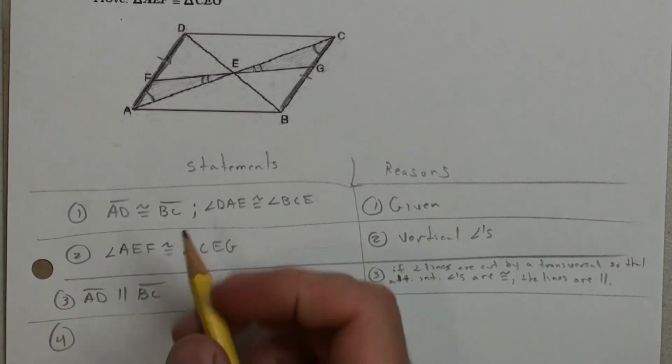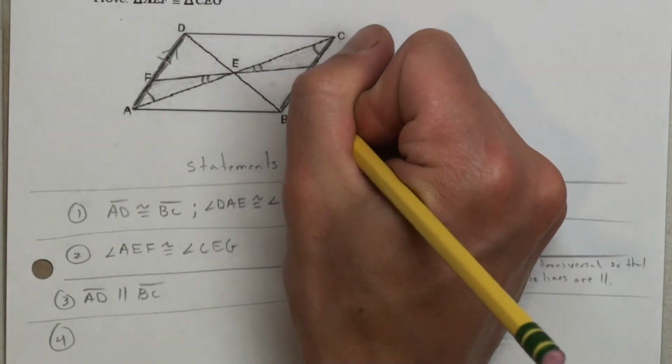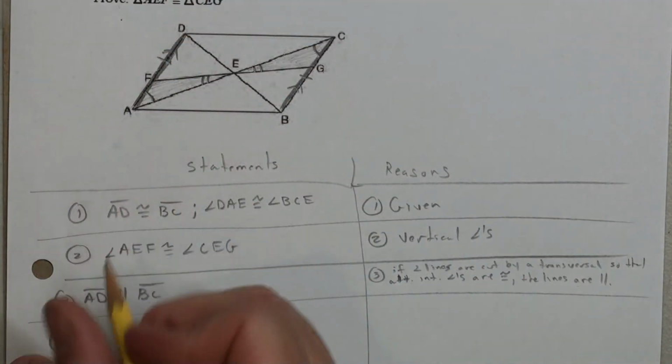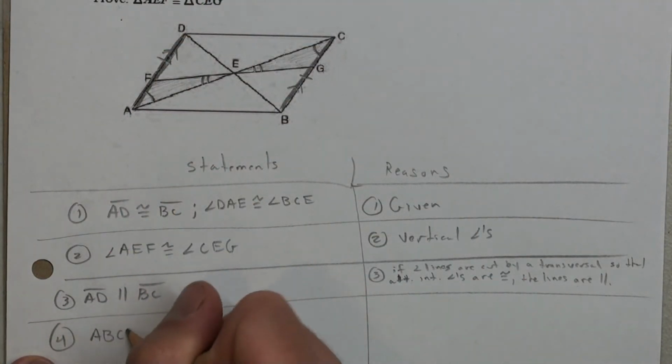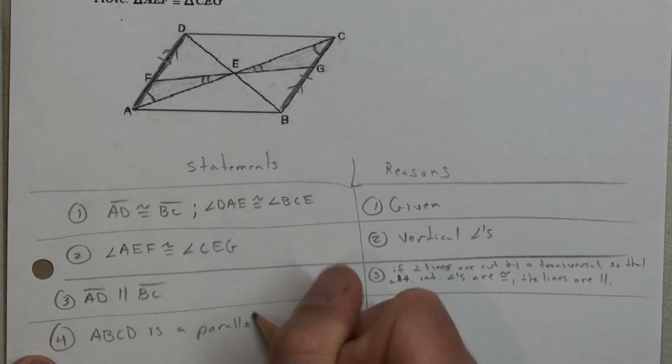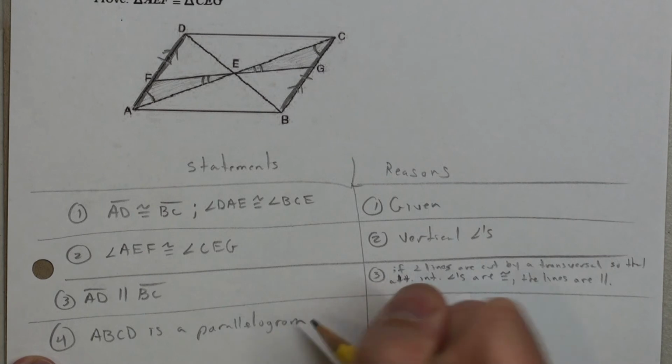So for now, number 4, so now I know these lines are also parallel. Now I can say that ABCD is a parallelogram.